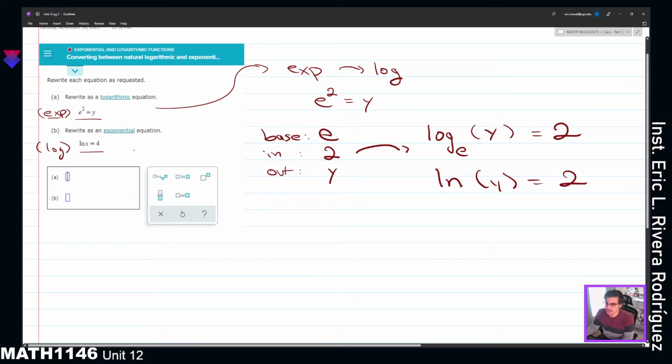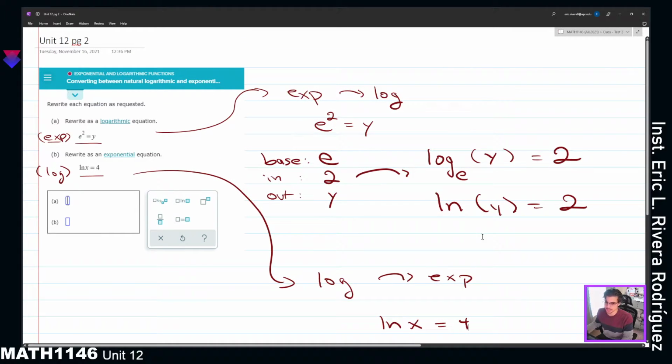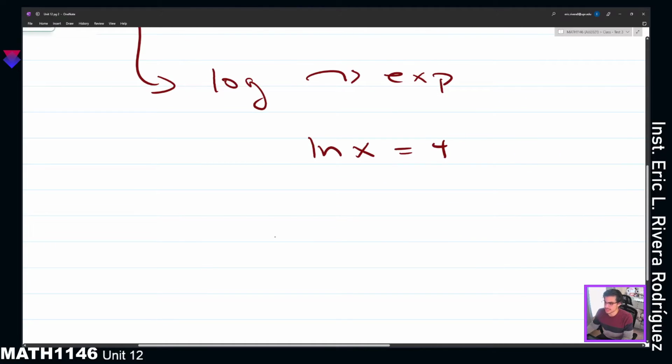The second exercise that we have here, we need to go from log to exponential equation. And we have ln of x equals 4. We are going to repeat the same process. Identify the base, the input, the output.